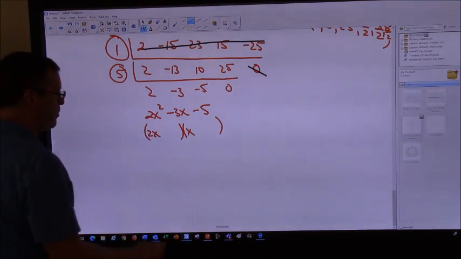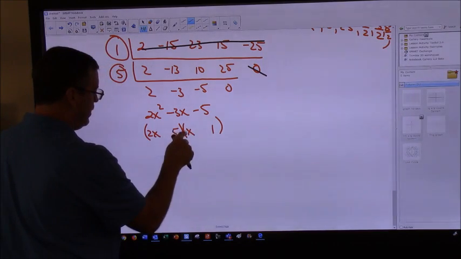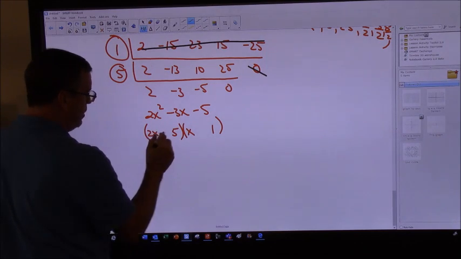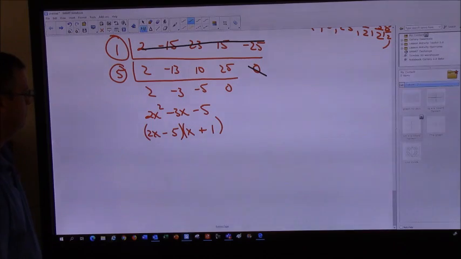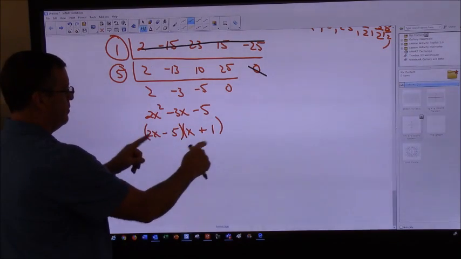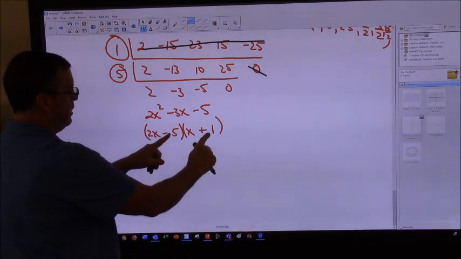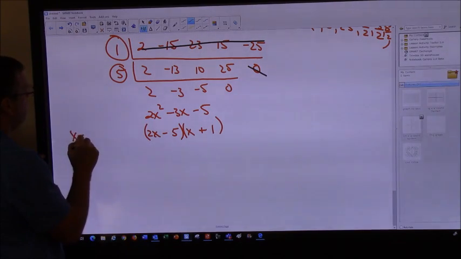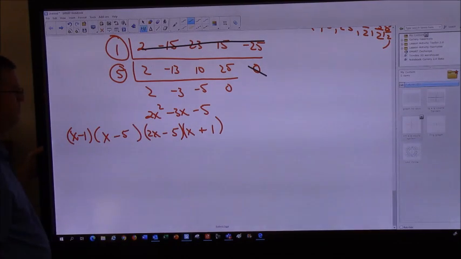So I got to make sure that can work. If I put a 5 here and a 1 there, I get 5x and 2x. I could subtract those to get a negative 3 if that one was negative and that one was positive. 2x squared, and then 2x minus 5x would be a negative 3x, and multiply those two, you get negative 5. The factors are 2x minus 5 and x plus 1.